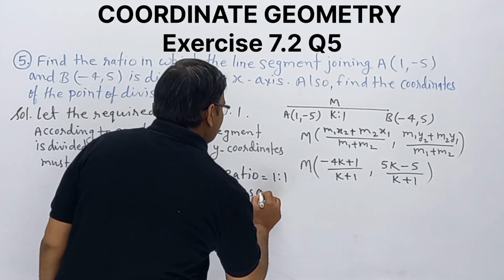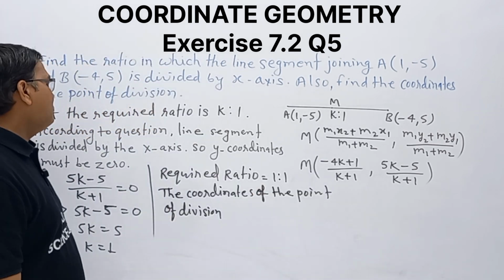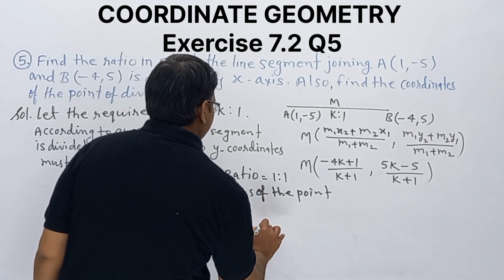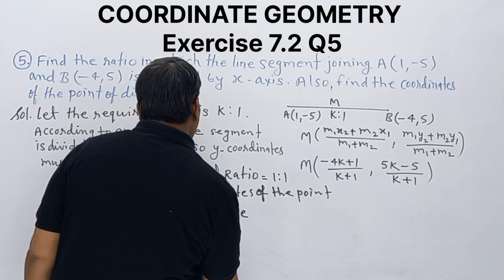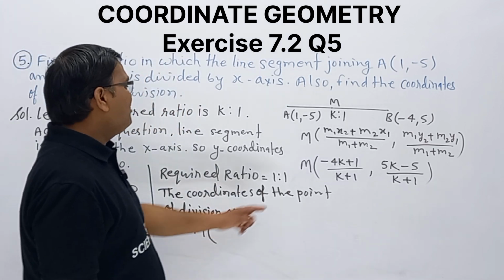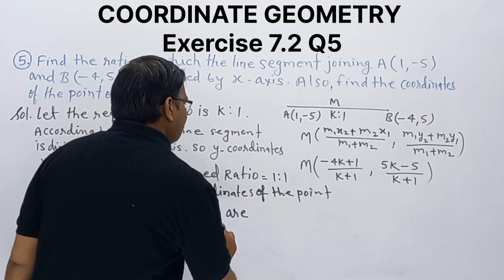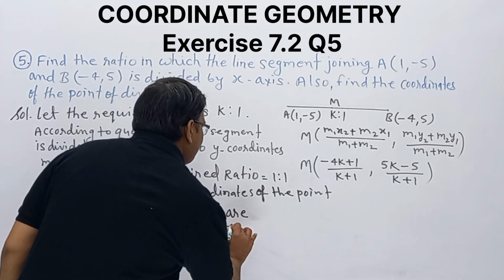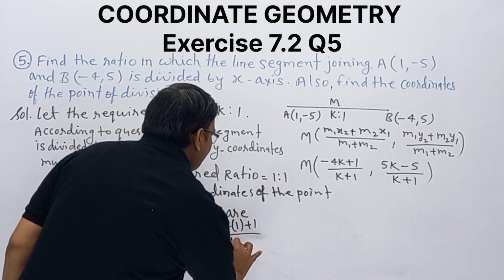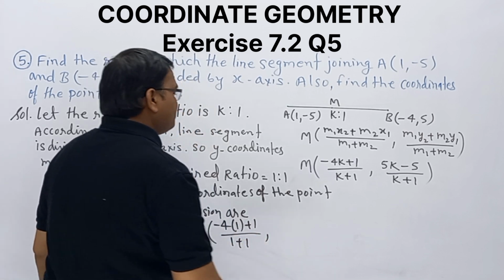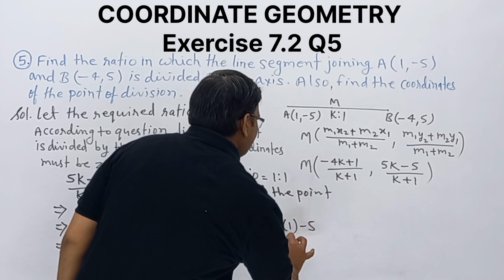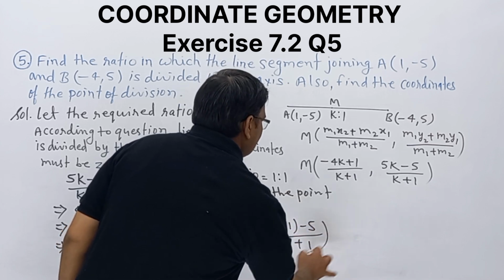The coordinates of the point of division M: we put the value of k there. Then we get minus 4 into 1 plus 1 divided by 1 plus 1, comma, 5 into 1 minus 5 divided by 1 plus 1.